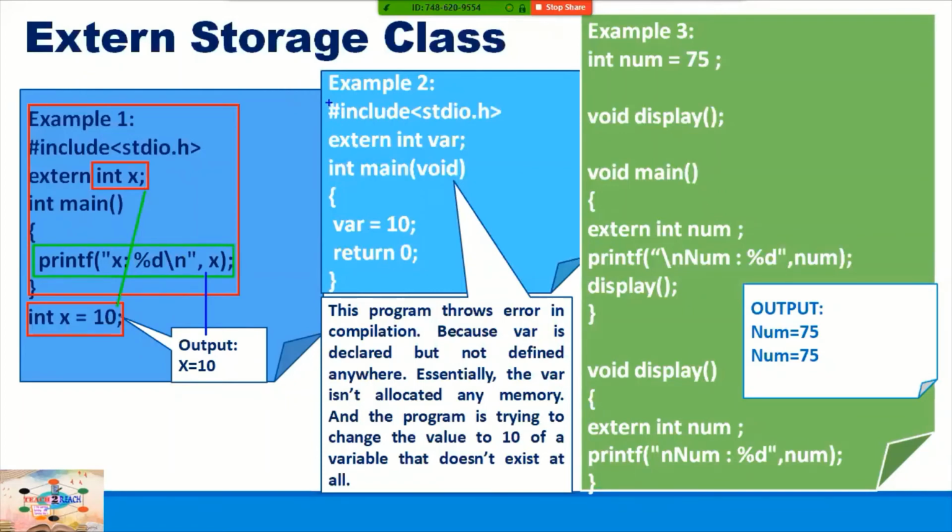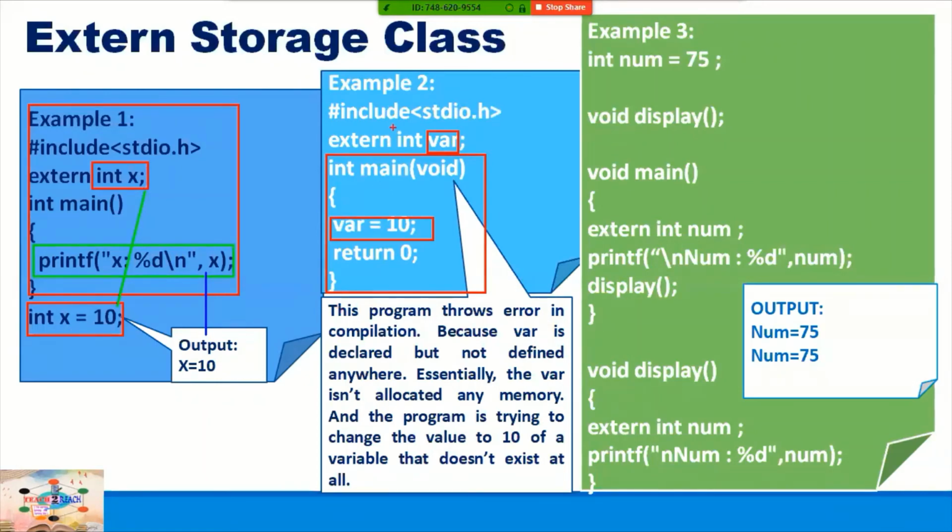Now let us consider the second program. In the second program, the variable var is qualified as extern type integer, and within the main that value is defined, which is invalid. So external variables need to be defined with their type, like in example 1.